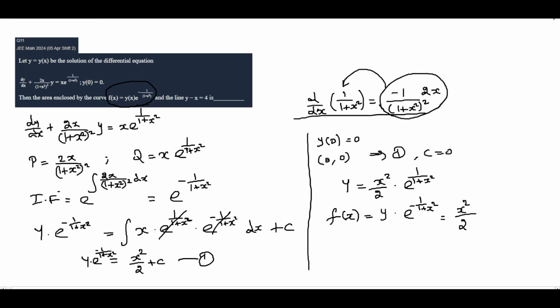This is f of x. X square by 2 is nothing but a parabola. So y equal to x square by 2, and another line equation y minus x equal to 4.